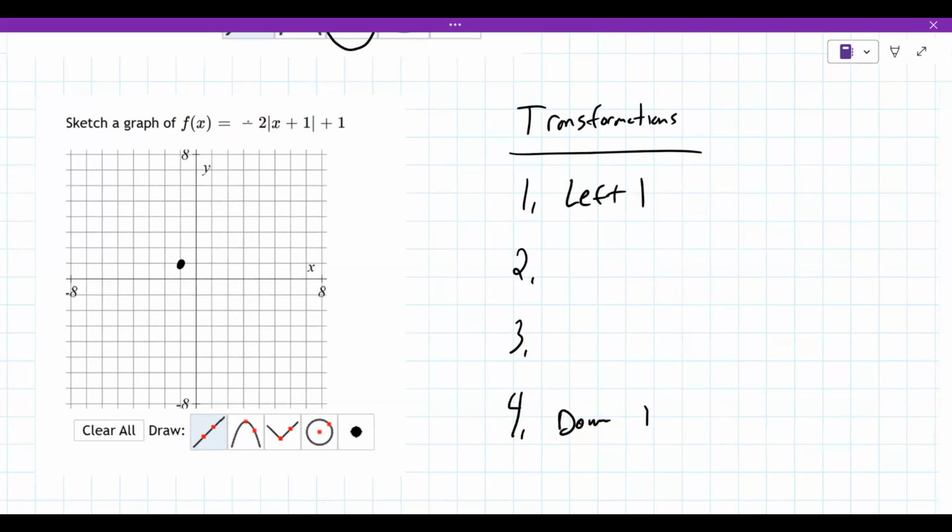It's a reflection over the x-axis, and then it's a vertical stretch of 2. And the transformations help you to make the table or to just go to the graph and make sure you're right, does it sync up with this?